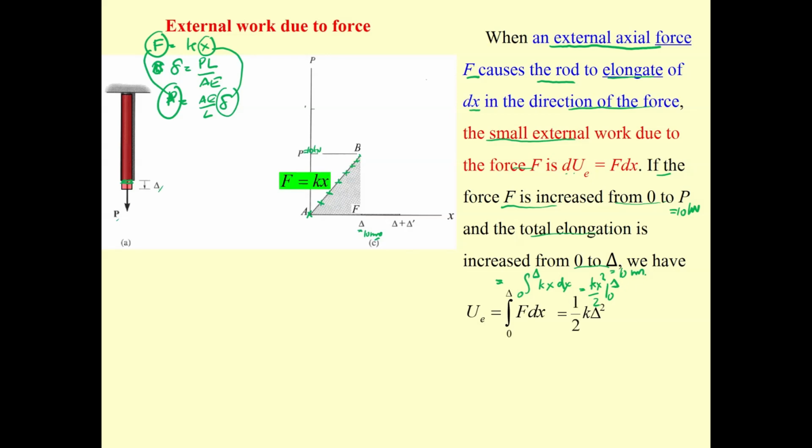So in short, it's going to be 1/2 K delta squared. This is equal to 1/2 K delta times delta, and K delta is going to be F. So it's going to be 1/2 of the force times deformation. That's going to be the area over here, as I mentioned from the previous one.